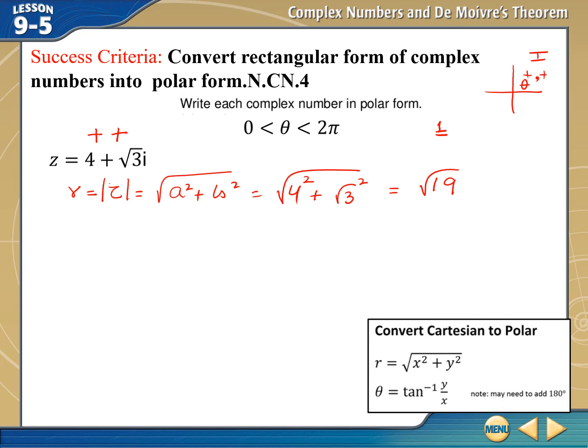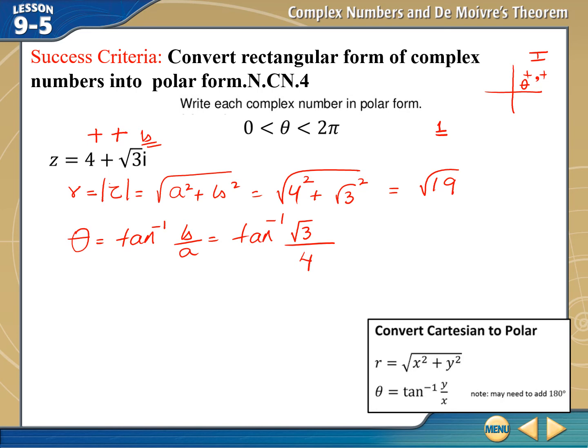Once it is done, we have to find our theta. So theta is equal to tangent inverse B over A. What is our B? This is our B, that is square root of 3. And what is our A? That is 4. Now write in the calculator tangent inverse.